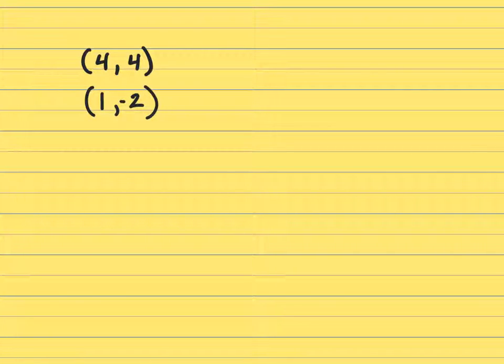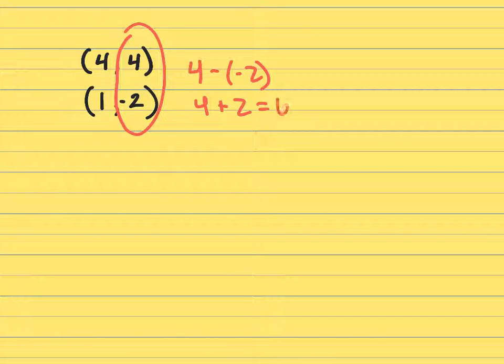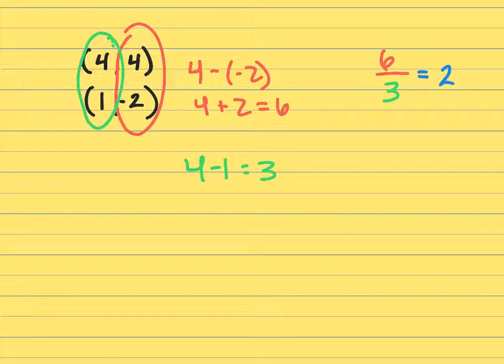So we would start by getting our rise by subtracting the y values, and we'd have 4 minus -2, which is really 4 plus 2, so we've got 6 for our rise. And here we would have our run, 4 minus 1 equals 3. Our run is 3. So rise over run, 6 divided by 3 would be a slope of 2.